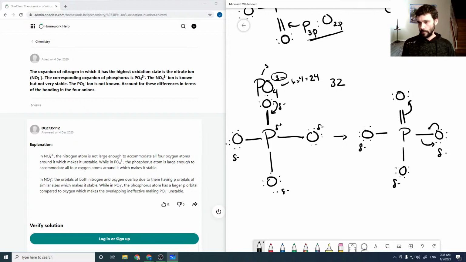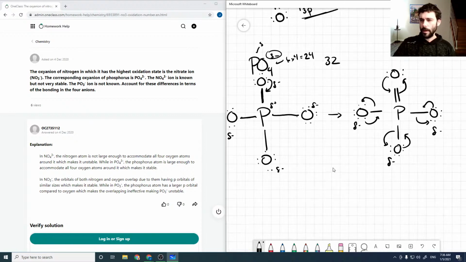So each of these can go up and down, leading to many resonance structures stabilizing the charge delocalization. Okay.